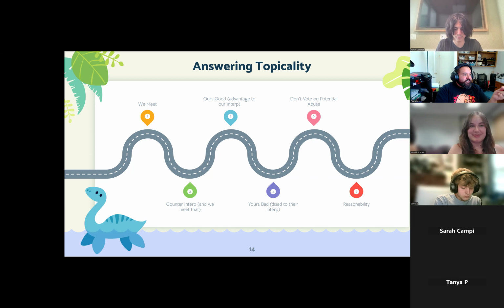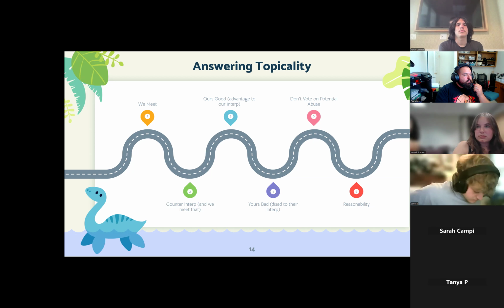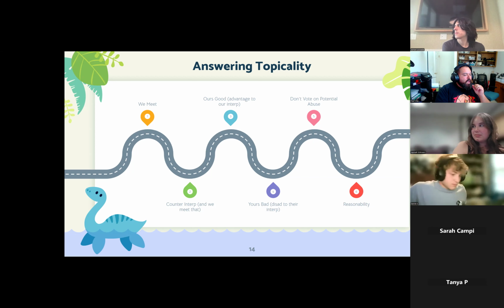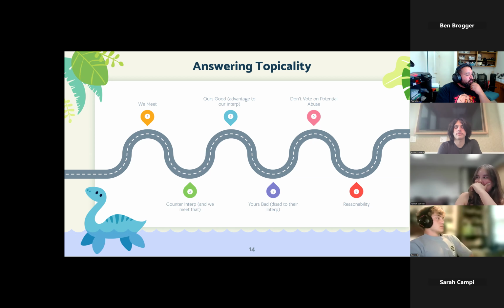What is a counter interpretation? What is it doing? Giving you offense, right? What do you mean by giving you offense? You're in the right direction, but what specifically does it do? You're able to. Ooh. Why do we read a counterplan? If the aff's reading, go ahead, Ben, if you want to answer before my question.